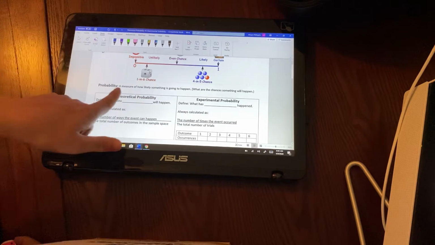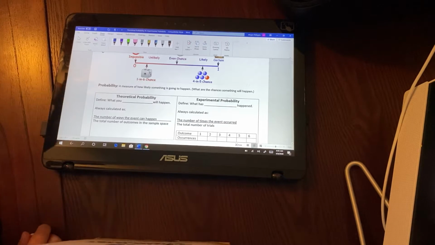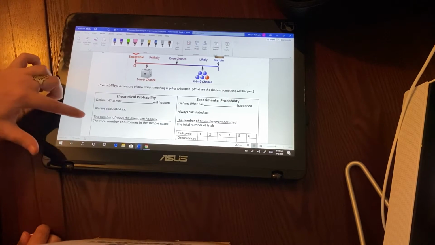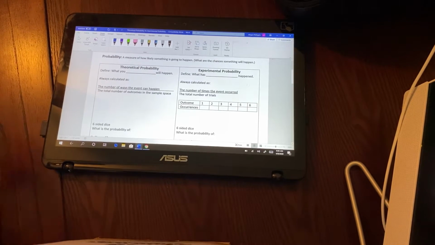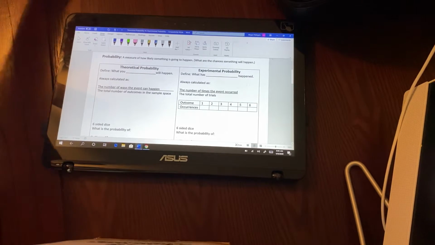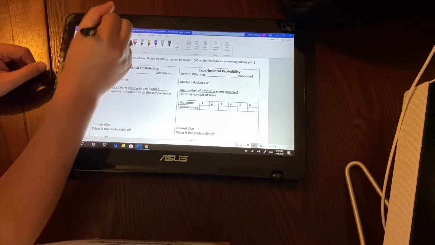So probability, a measure of how likely something is going to happen. What are the chances that something is going to happen? So what we just described was theoretical probability. It's defined as what you think will happen.